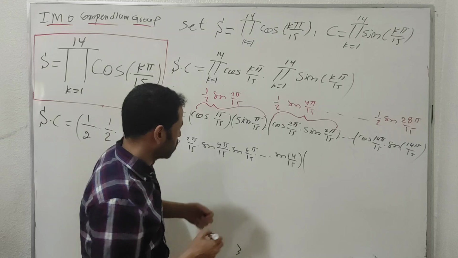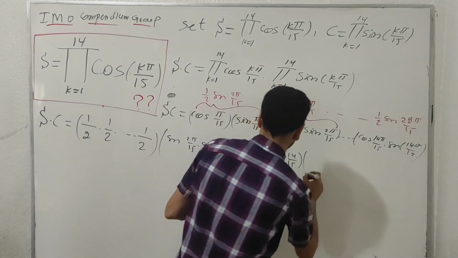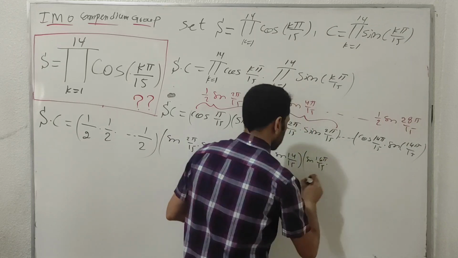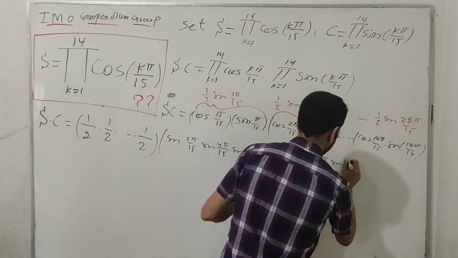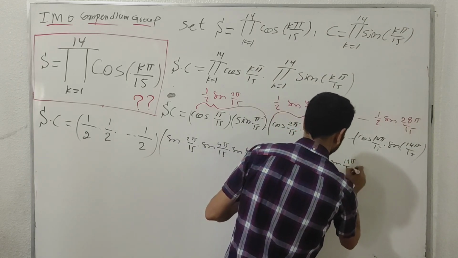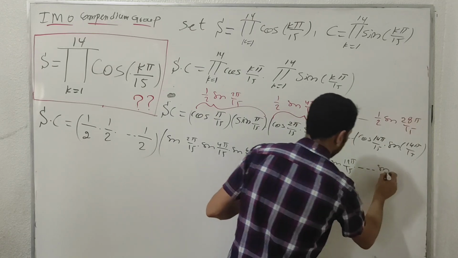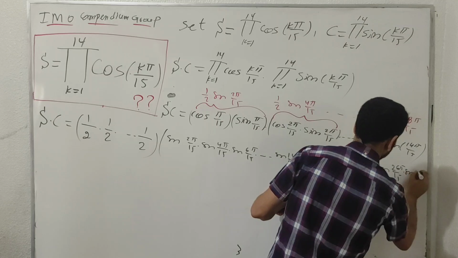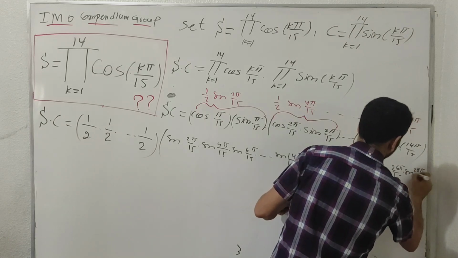This is the first chunk. The second chunk I will have sine of 16 pi over 15 multiplied by sine of 18 pi over 15, and all the way down to sine of 26 pi over 15 multiplied by sine of 28 pi over 15.